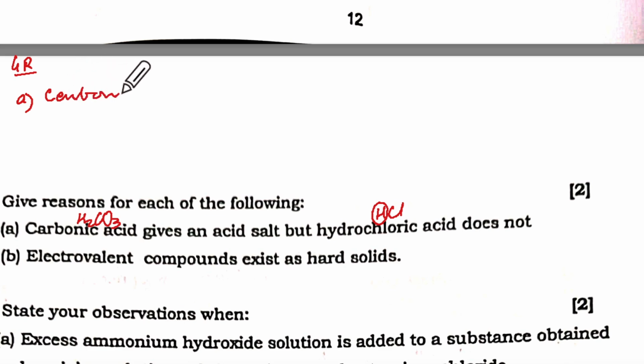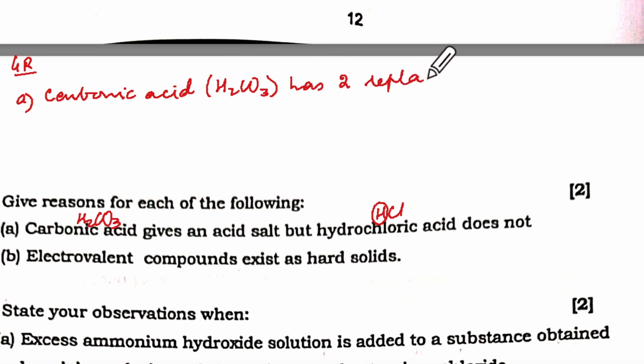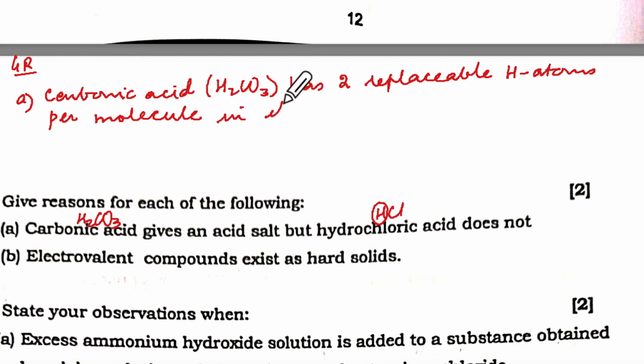Carbonic acid, write quickly so that your fingers get good exercise for writing. Carbonic acid (H2CO3) has two replaceable H atoms, means hydrogen atoms, per molecule in its aqueous solution.